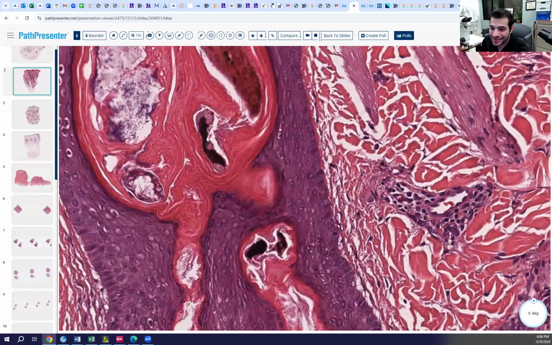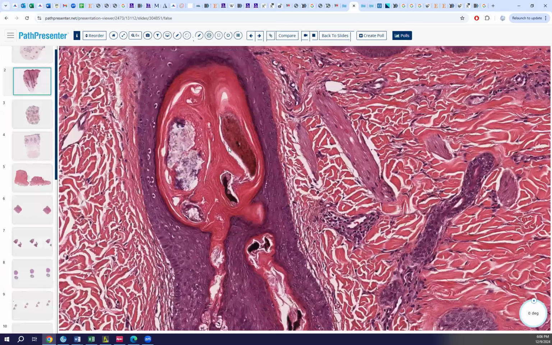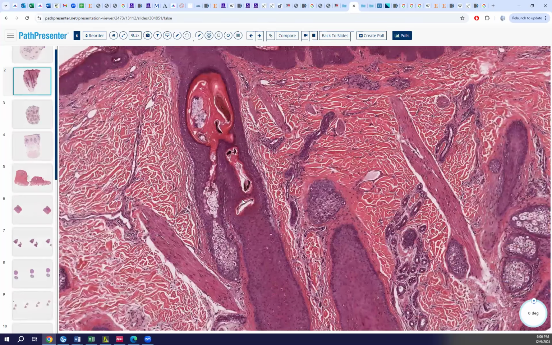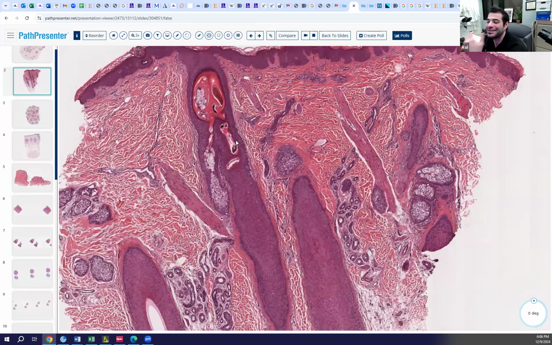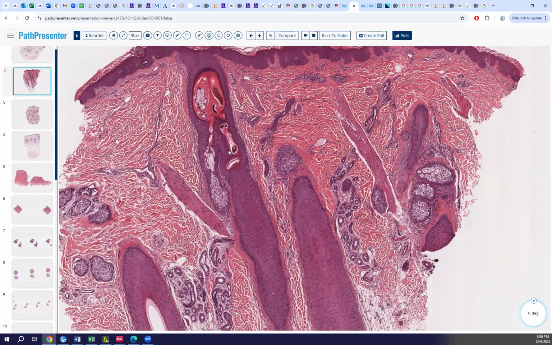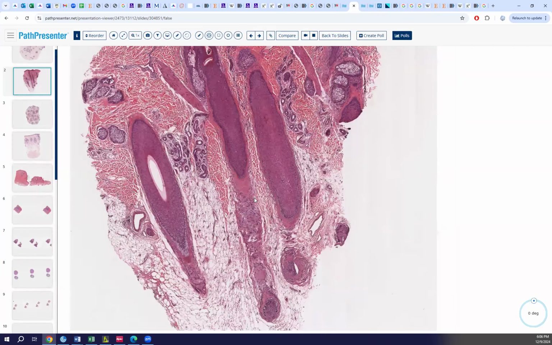Is that a pigmented cast? Yeah, it's usually associated with trichotillomania, I think. Now is pigmented cast the only thing? No. What else is on the differential? Trichotillomania, alopecia areata can cause pigmented casts. Yeah, it can.